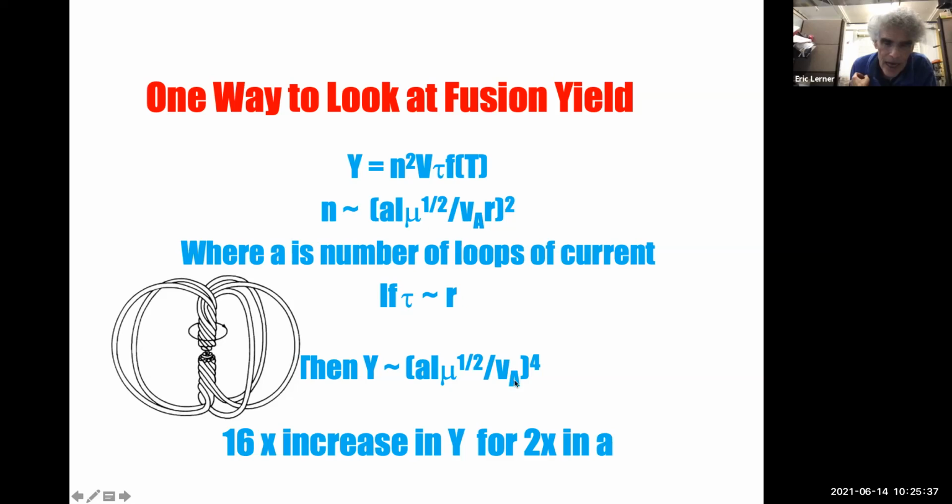In other words, the Alfvén velocity in these plasmoids doesn't vary a lot. So a way of looking at the compression is increasing the number of loops in this plasmoid. And you get a big bang for the buck here.